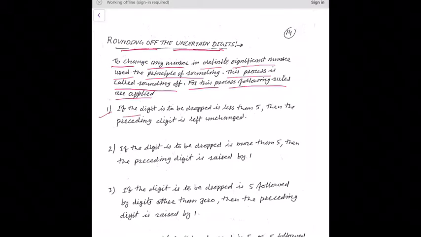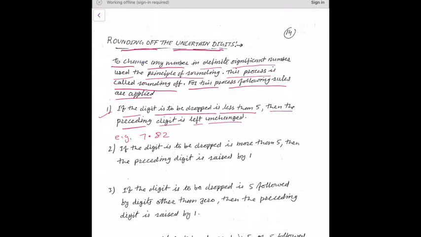First, if the digit to be dropped is less than 5, then the preceding digit is left unchanged. For example, 7.82 is rounded off to 7.8 because 2 is less than 5.